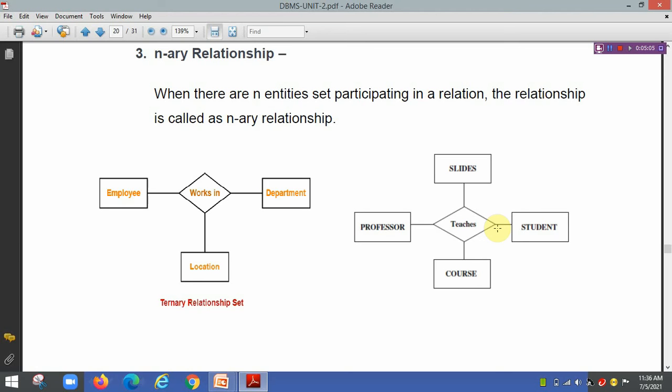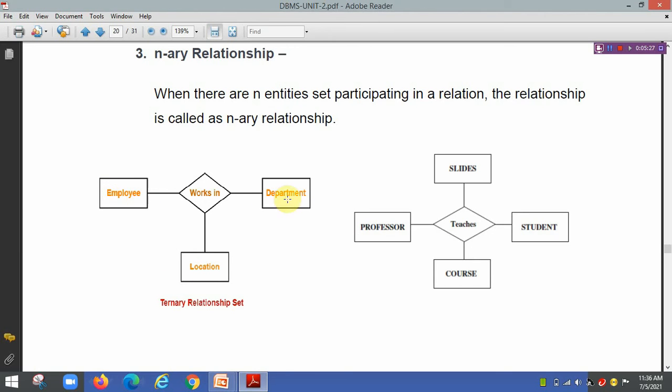In this example here it created a ternary relationship. That means 3 entities participate in this relationship. One is employee, another is department, and third is location. Employee is an entity, location is an entity, department is an entity.